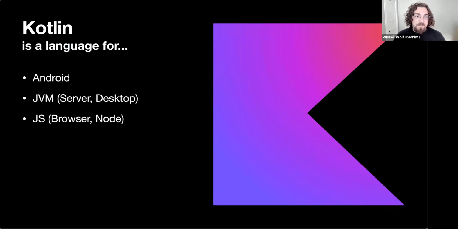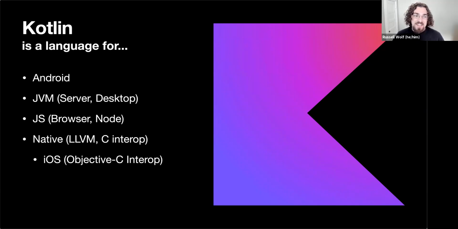It has a target to JavaScript, where it can be used in the browser or in Node. It has a native target via LLVM, which interops with C APIs and enables use on iOS by Objective-C interop.